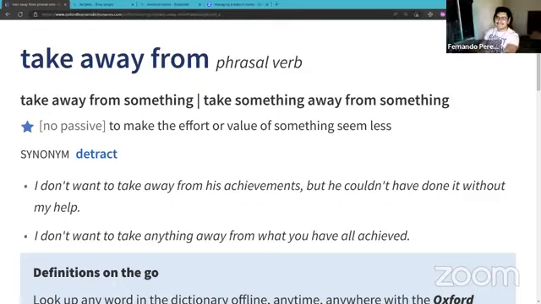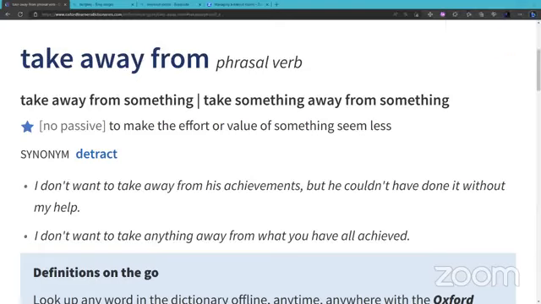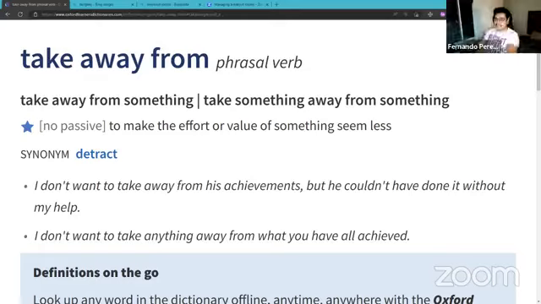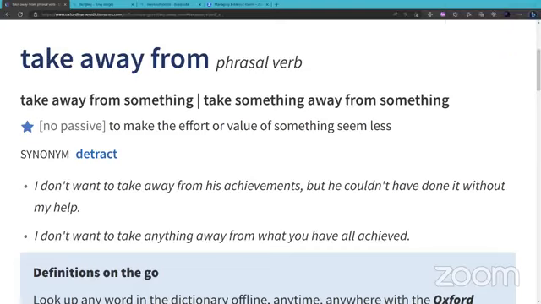It's like, I don't know a synonym in Spanish. Interesting. So you match it with Spanish. That can help you memorize. Yes, it's like, I don't want to take anything away from what you have all achieved.